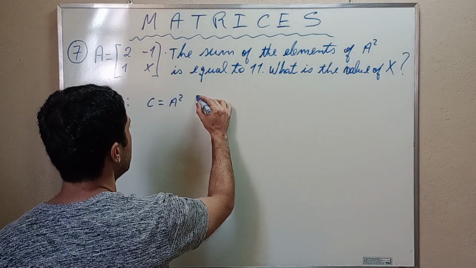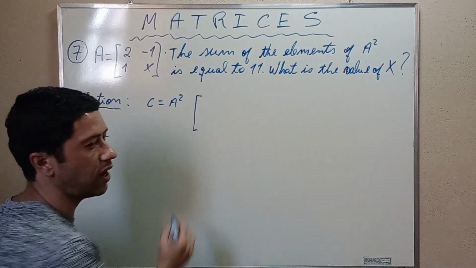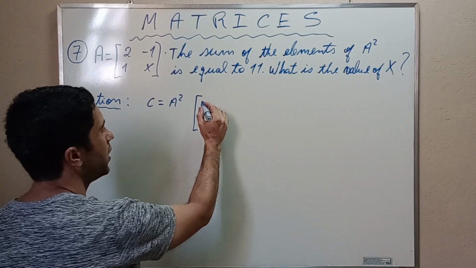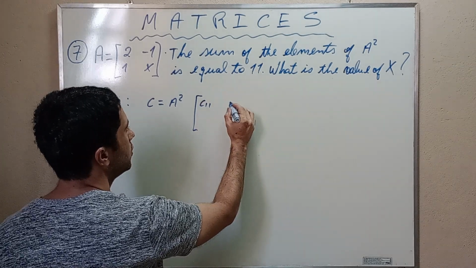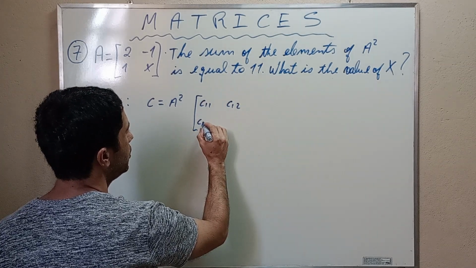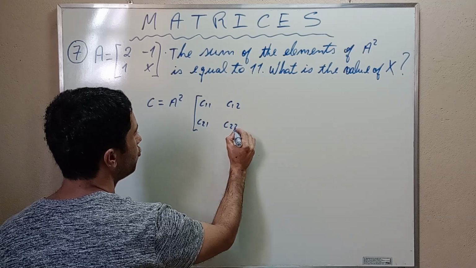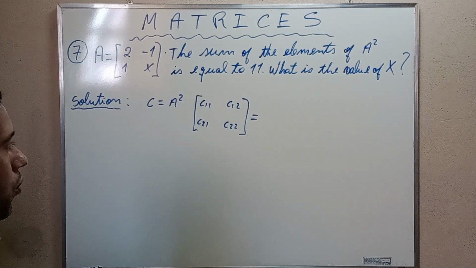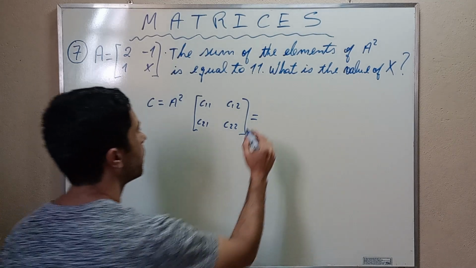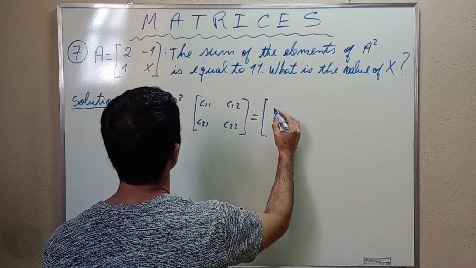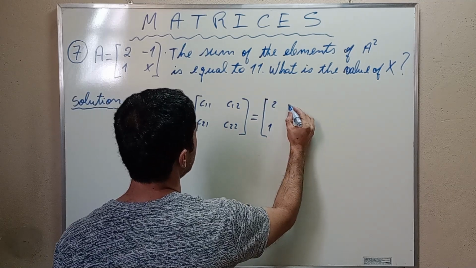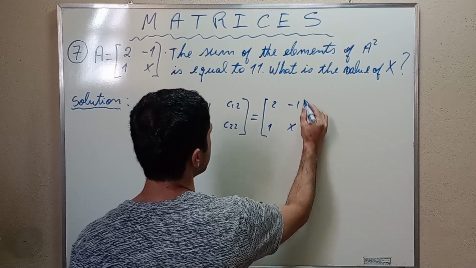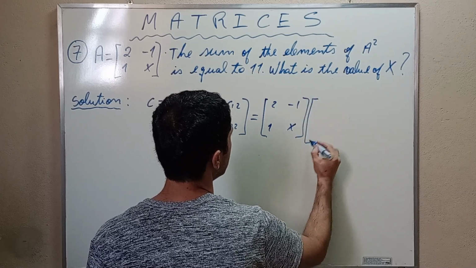Then C, composed of elements such as C11, C12, C21, and C22, is going to be obtained from the multiplication of A by itself. 2, 1, negative 1, and x.